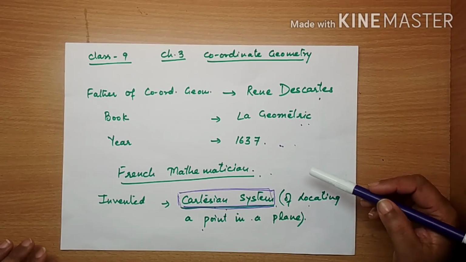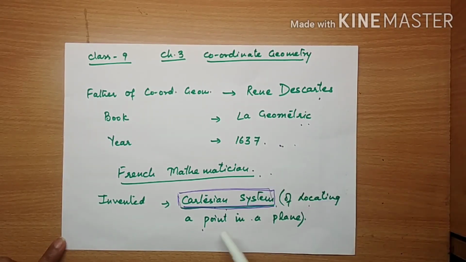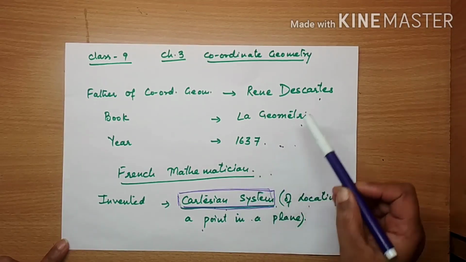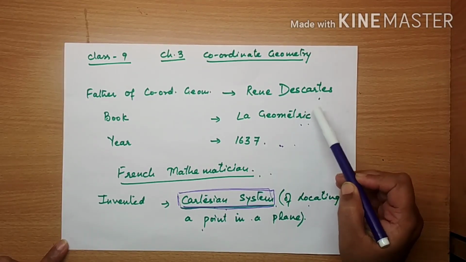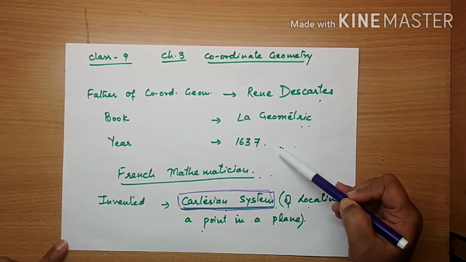The system in which we describe the position of a point in a plane is called Cartesian system, and the system was developed by great French mathematician René Descartes in his book La Géométrie in the year 1637.